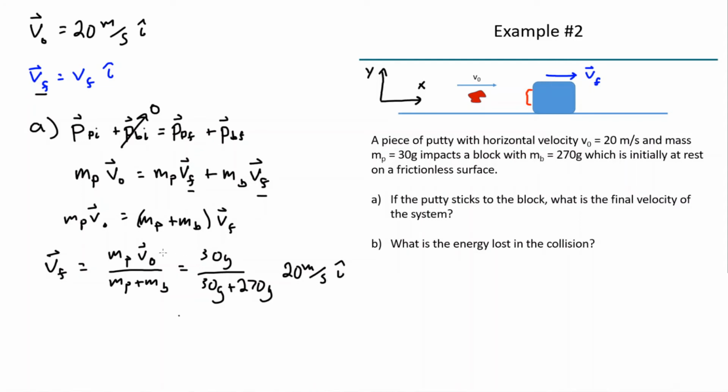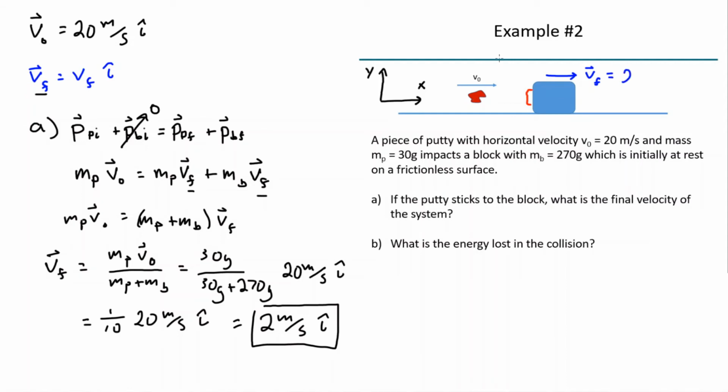If I plug all this into my calculator, I just get 30 grams over 300 grams, which is 1 over 10. The grams cancel out, times 20 meters per second i hat, which of course is just 2 meters per second i hat. So after the putty hits the block and they stick together, this whole thing slides to the right with the final velocity, V final equals 2 meters per second i hat.